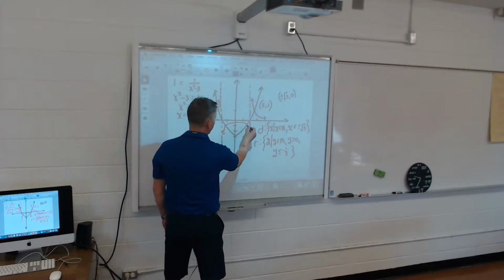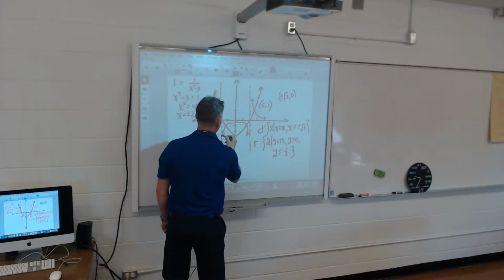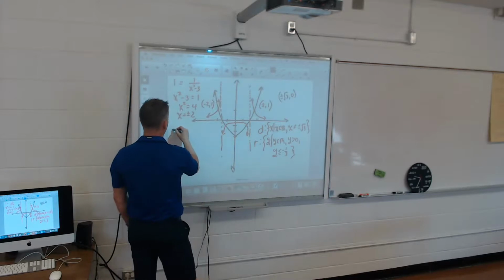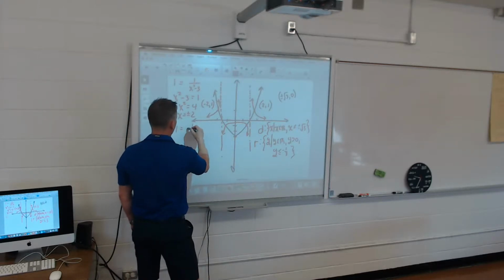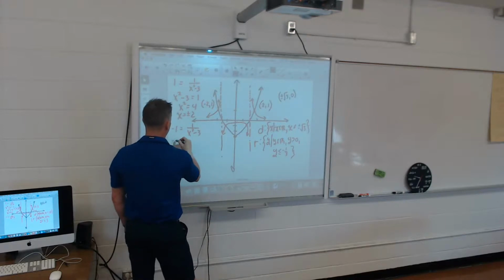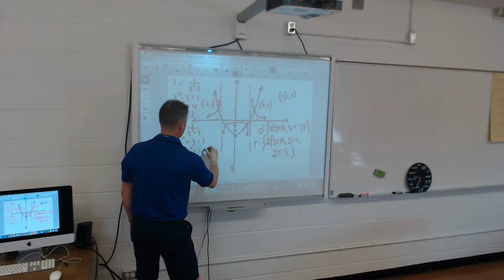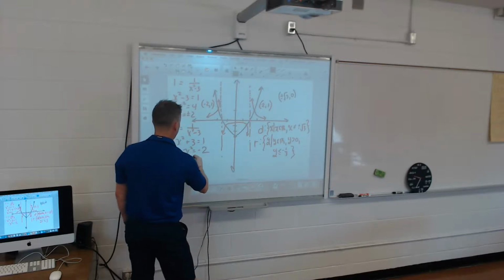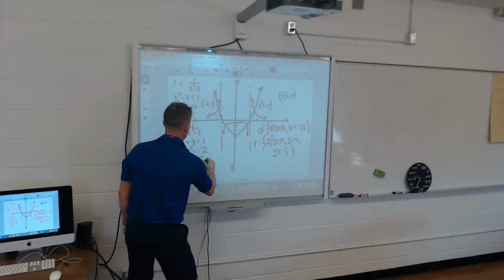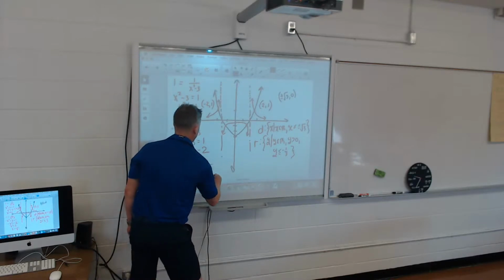And then the invariant points down here, all right, I would go negative 1 equals 1 over x squared subtract 3. Multiply it up, I get negative x squared, add 3 equals 1. Subtract. That would equal negative 2. X squared is equal to 2. X is equal to plus minus the square root of 2.